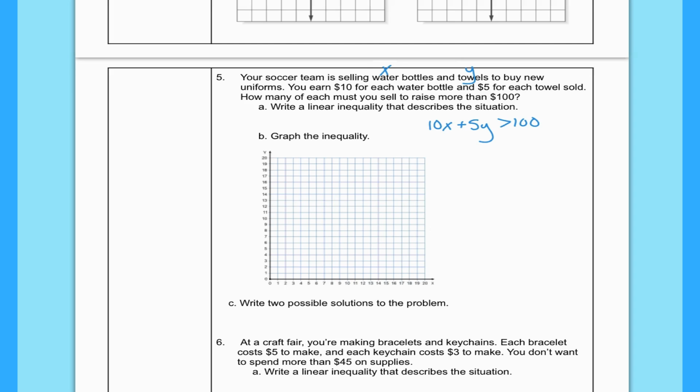So I could graph by putting it in slope-intercept form and then finding the y-intercept and counting the slope. But we could also graph by finding the x and y intercepts. Since we've had a lot of practice with slope-intercept form, let's do these by finding the x and y intercepts.